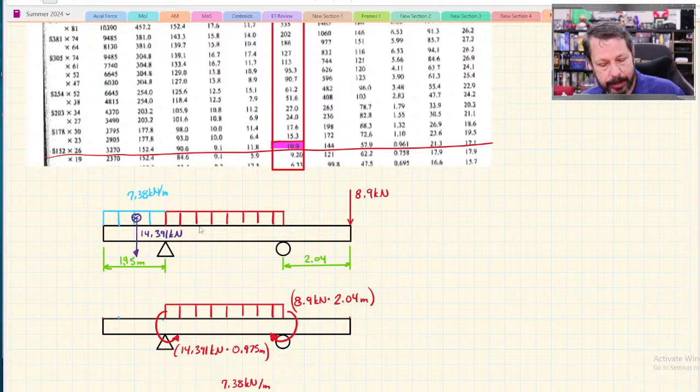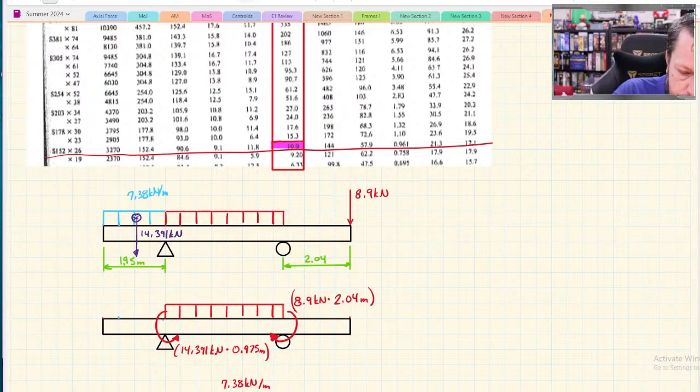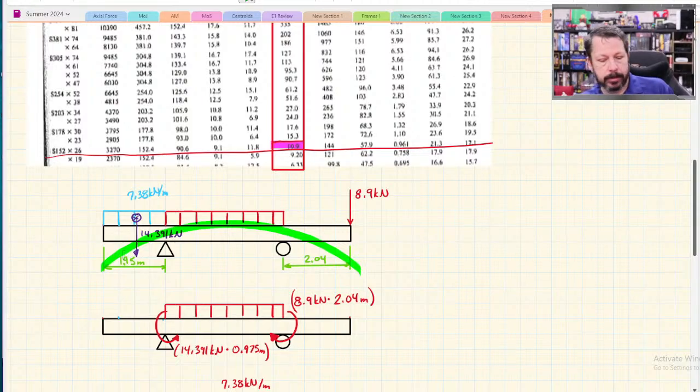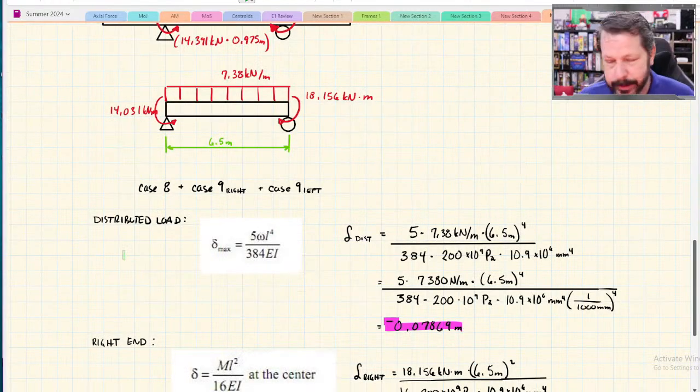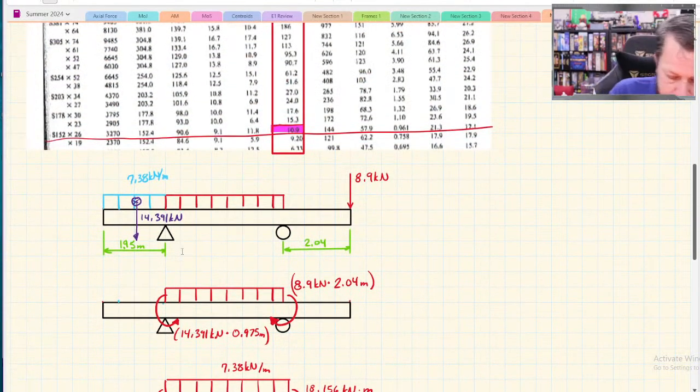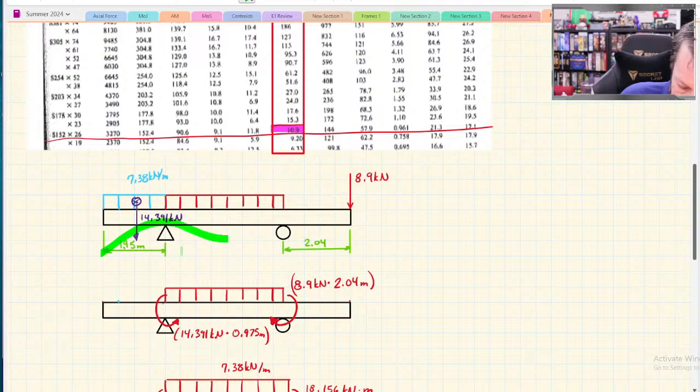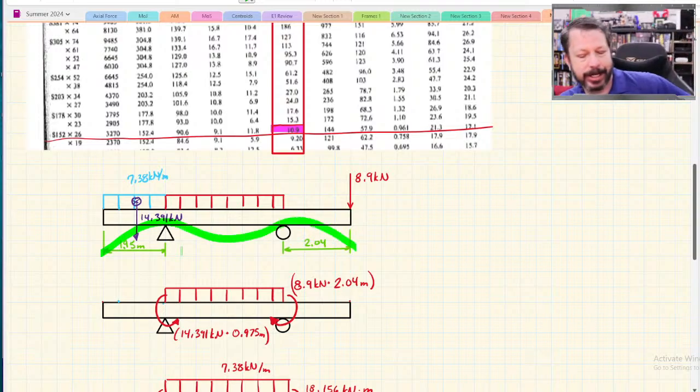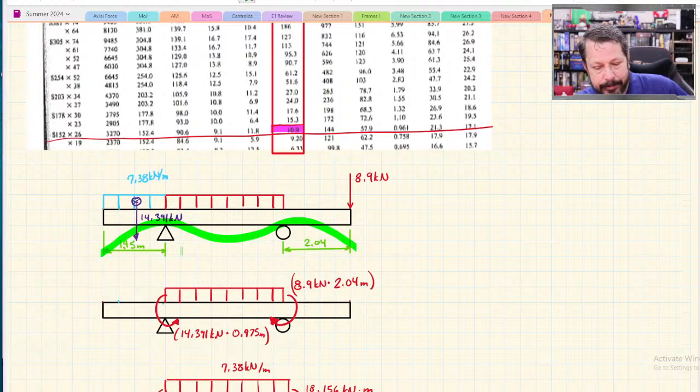If you visualize how this beam would actually bend, it would do something like that. Because we just calculated that the center was negative, it actually does more like this. That's the shape of how this beam is bent. Exaggerated, but something like that.